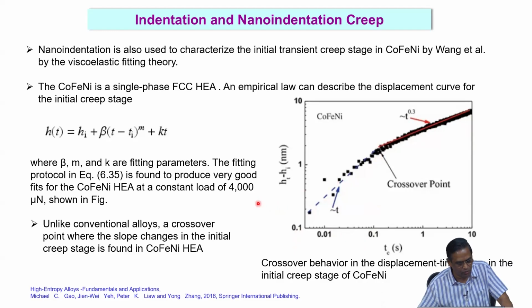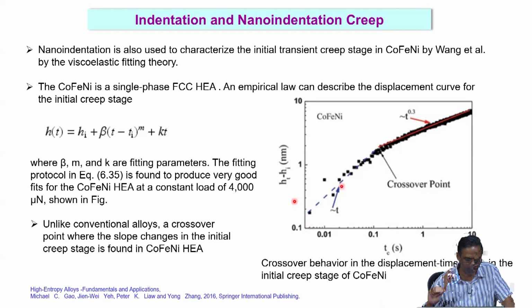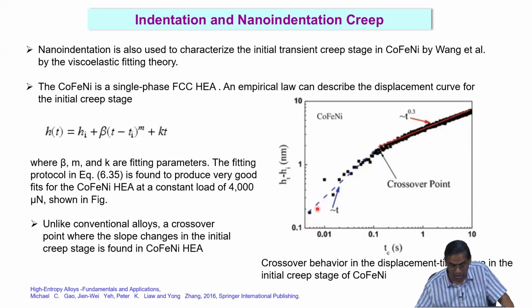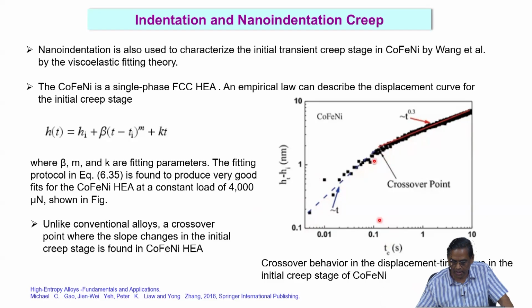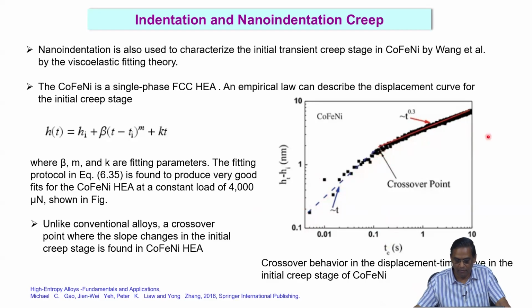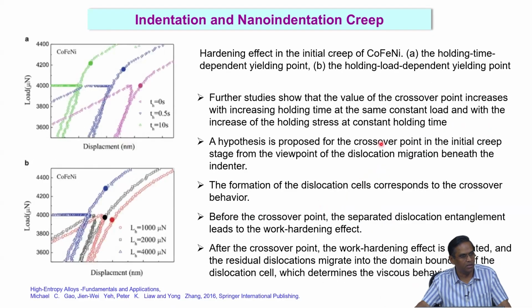Of course, they will use error fitting and everything for the details, but generally they are capturing the material response by plotting this, and the crossover means you have a change from one deformation mechanism to another. Okay. So that's what is shown here.